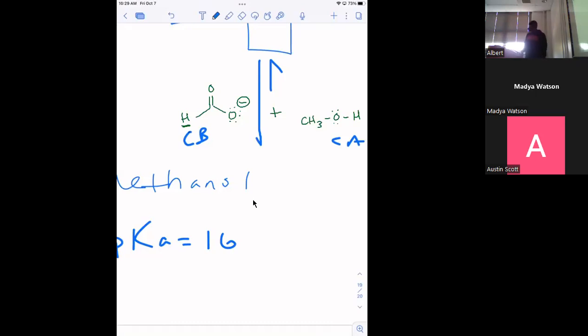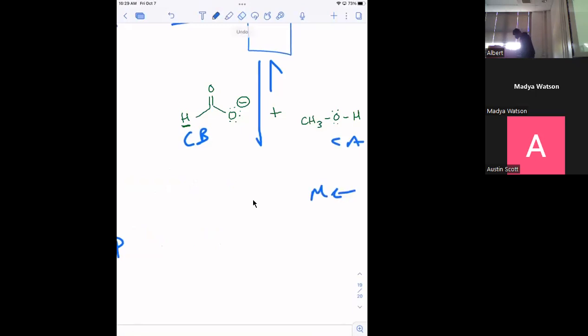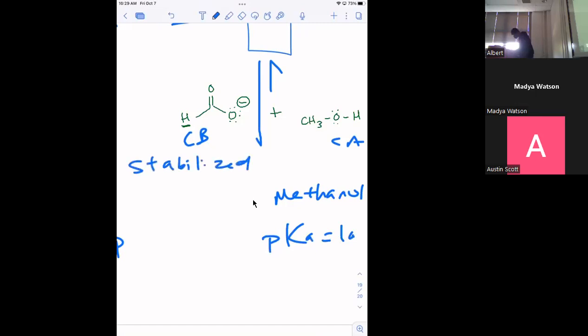So formic acid, this conjugate base is stabilized by resonance.